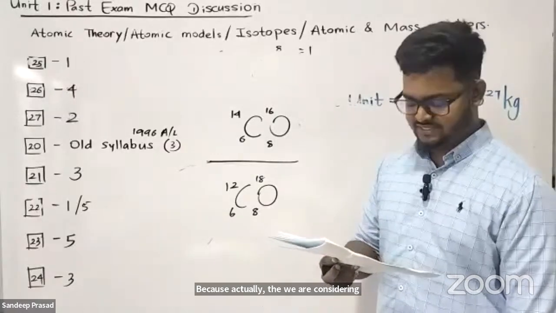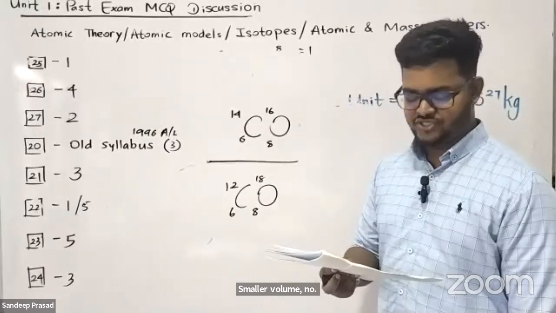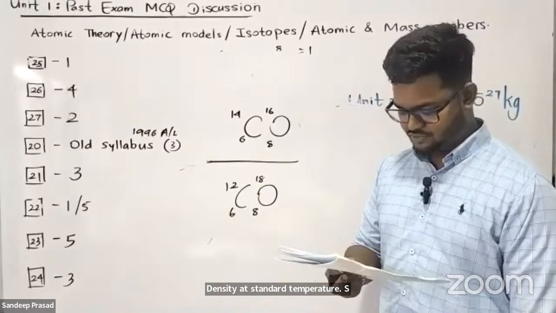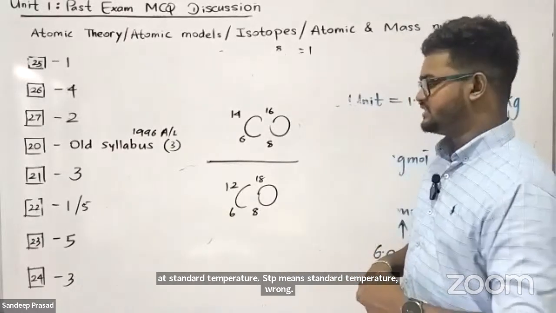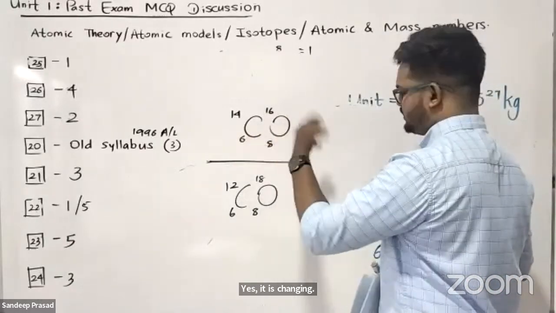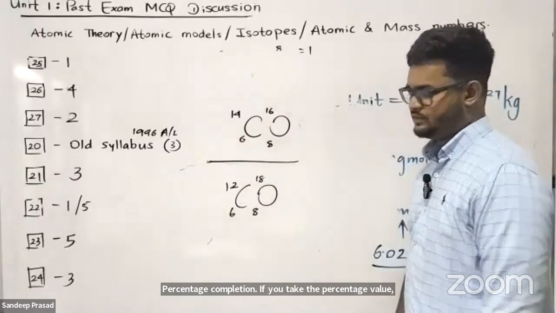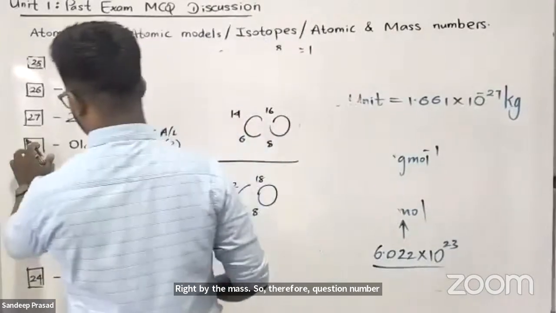Molar volume, no. Density at STP, standard temperature and pressure, wrong. Percentage composition of carbon and oxygen by mass. Yes, it is changing. If you take the percentage value, it can change by the mass. So therefore question number 28, the answer is number 5.